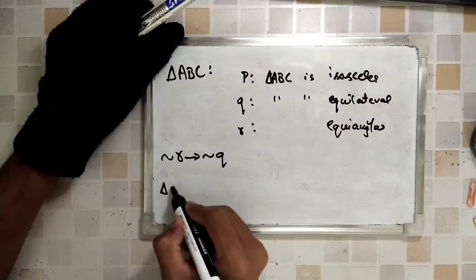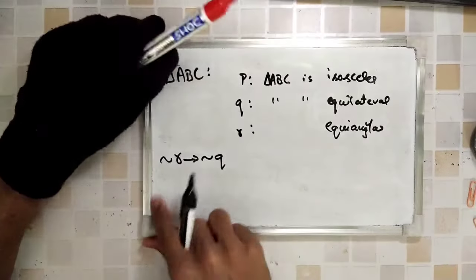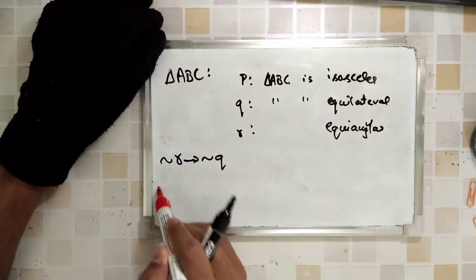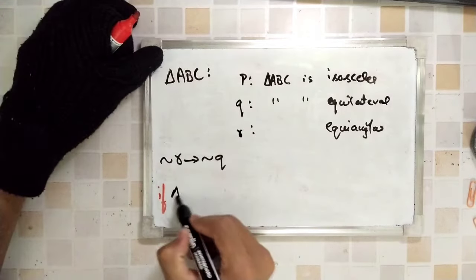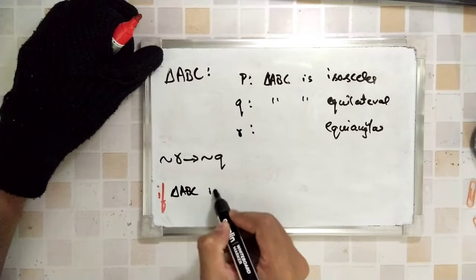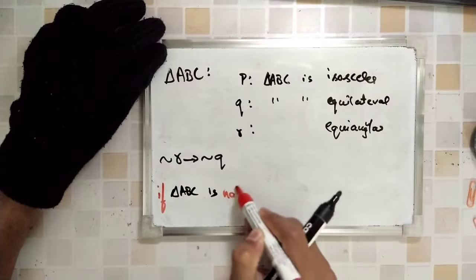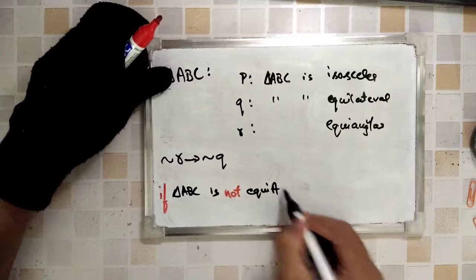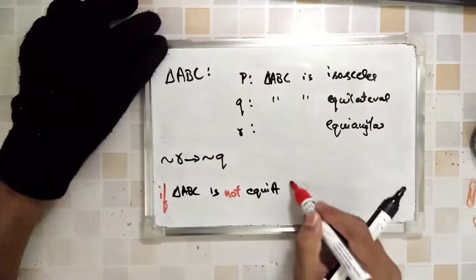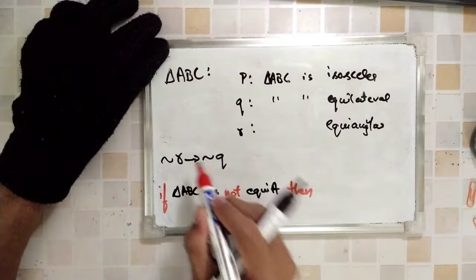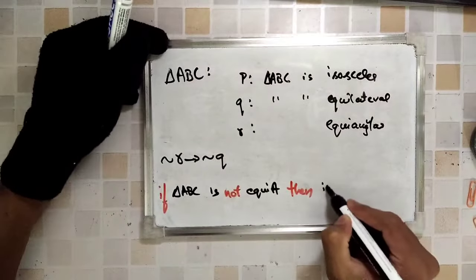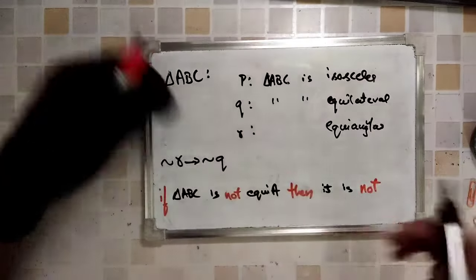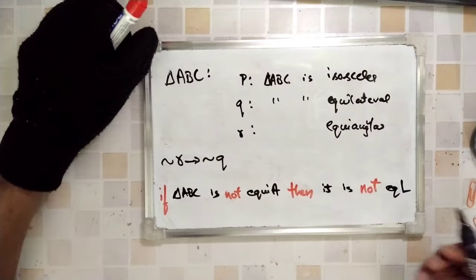Since we have an implication, I have to use if triangle ABC is not equiangular, then it is not equilateral.